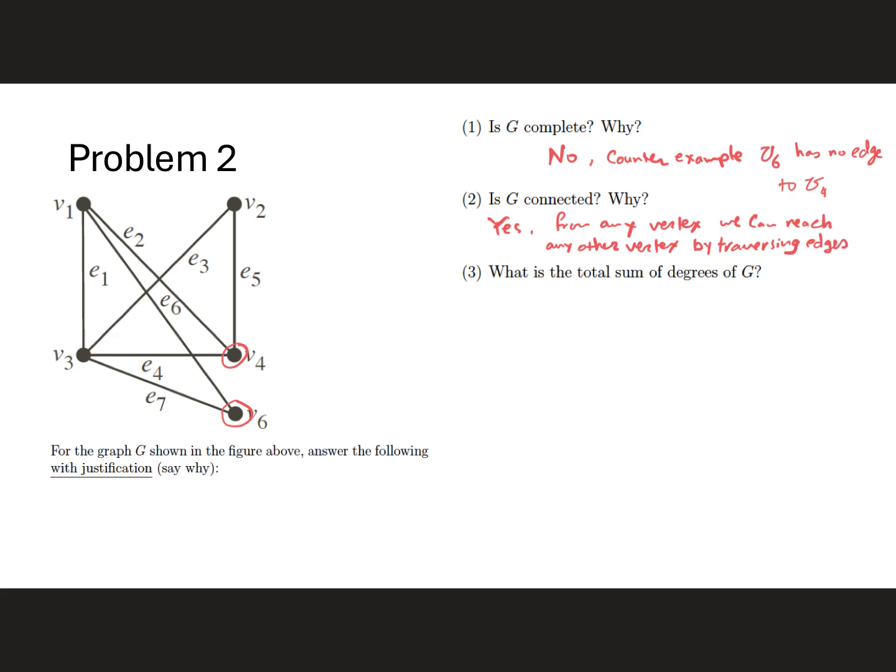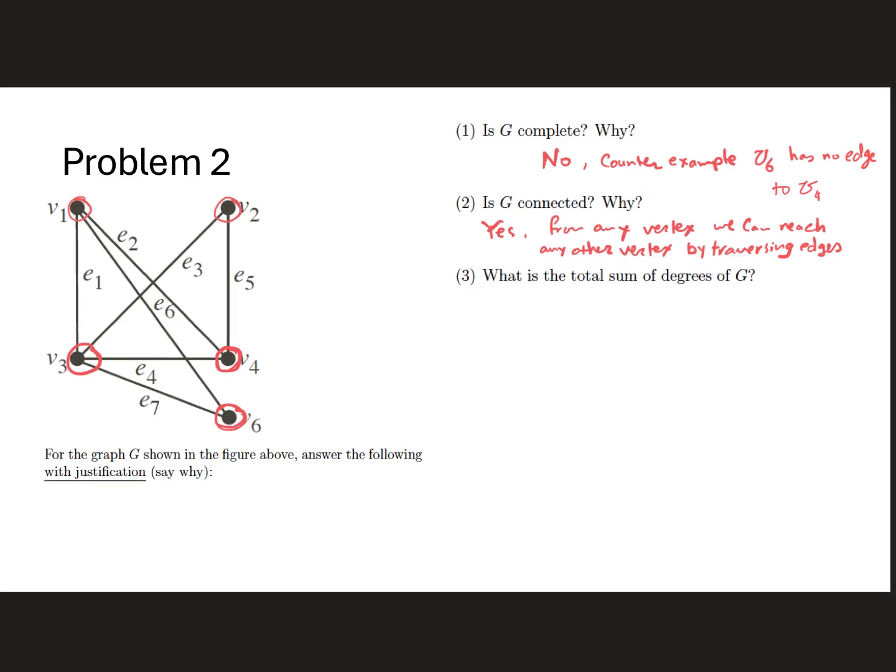Okay, what's the total sum of degree of the graph G? So we can go across each one of those vertices and add the degrees. So we have 3 here, plus 2, that's 5, plus 4, that's 9, plus 3, that's 12, plus 2, 14.